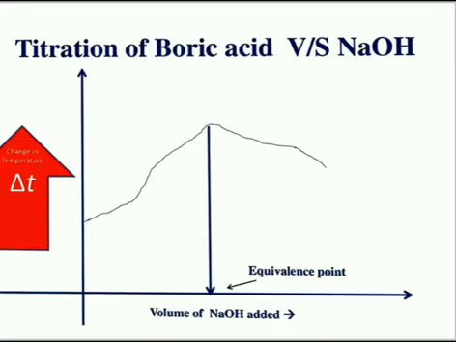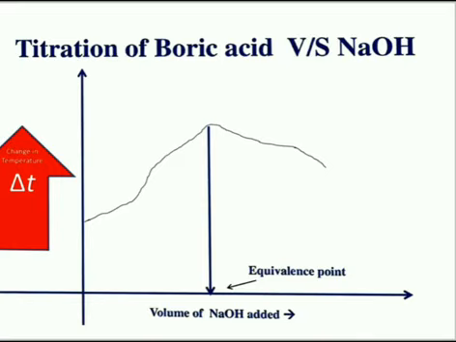Here we have taken the example of boric acid versus NaOH. In this neutralization reaction, the change in free energy of the boric acid is minus 6.5 kilocalorie per mole.